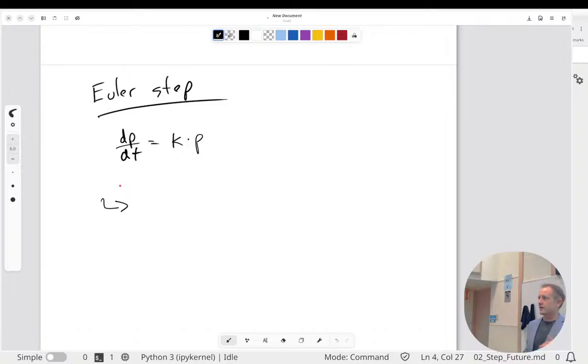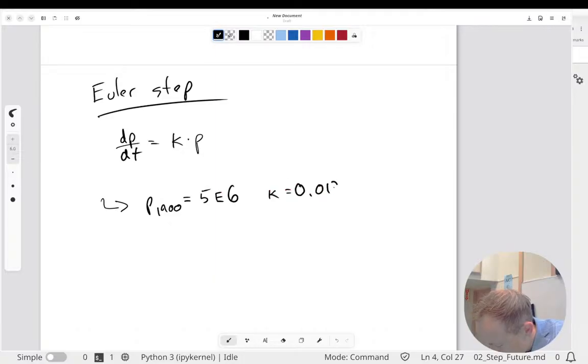How did we do Euler steps to figure out the next population? Let's say the population of 1900 was 5 billion. What's the Euler step to get to the population in 1920?